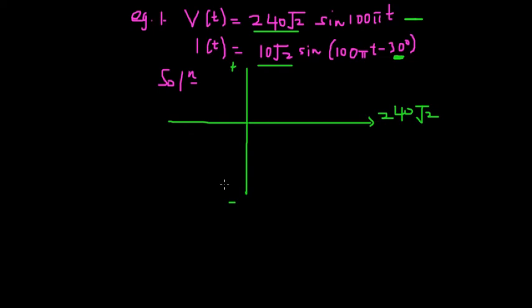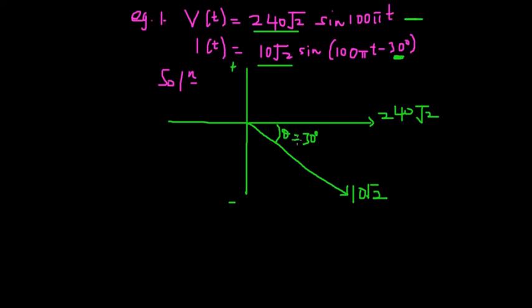We notice that the angle will lie downwards. So let's say this is 10 root 2, and the angle theta, which is negative 30, will lie over here. These are negative 30 degrees. This is how we represent phases.